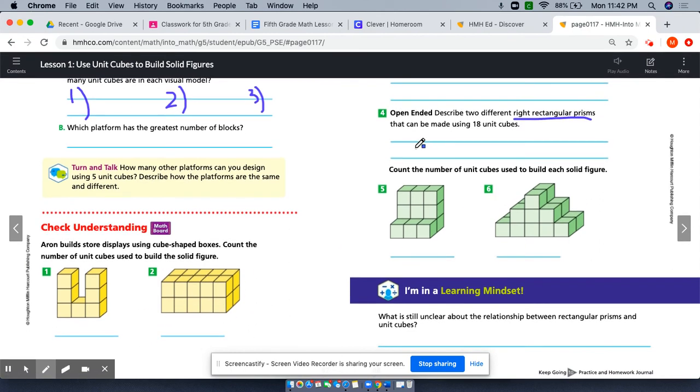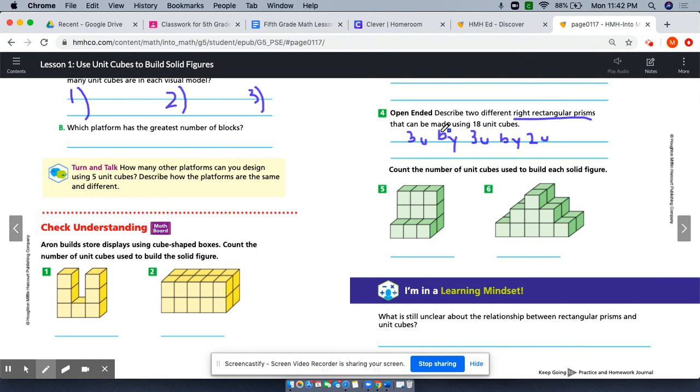So for example, one that I can think of is 3 units by another 3 units. That's 3 by 3, which is not enough. That's only 9 cubes. But if I go ahead and put that also by 2 units, then I have a rectangular prism that will give me 18 cubes.